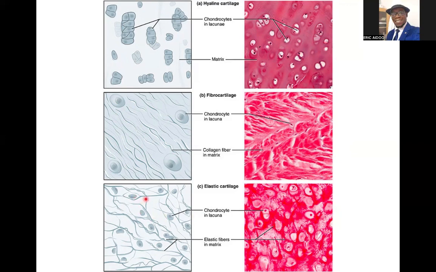So that is the elastic fibers there. Those are chondrocytes, which will occupy a space known as lacunae. Because of the collagen nature, that is how come you see the more reddishness of the fibrocartilage.